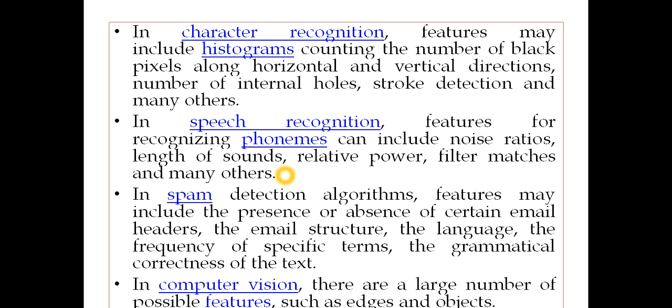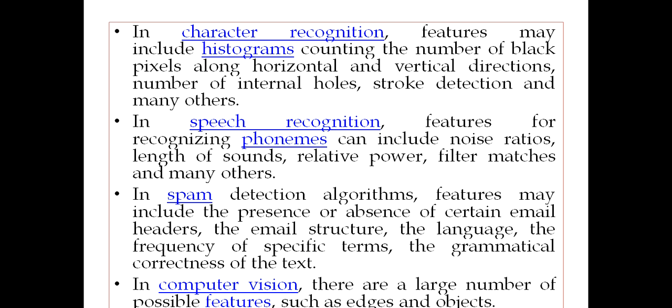Similarly, in spam detection algorithms, I hope you know what spam is. If you know, then do comment. Features may include the presence or absence of certain email headers, the email structure, the language, the frequency of specific terms, the grammatical correctness of the text.